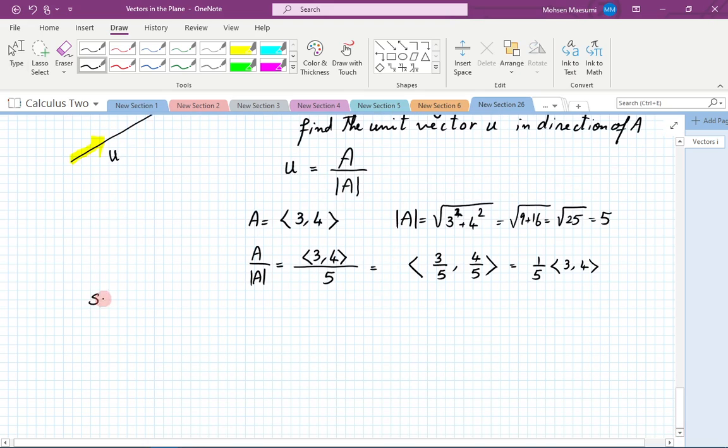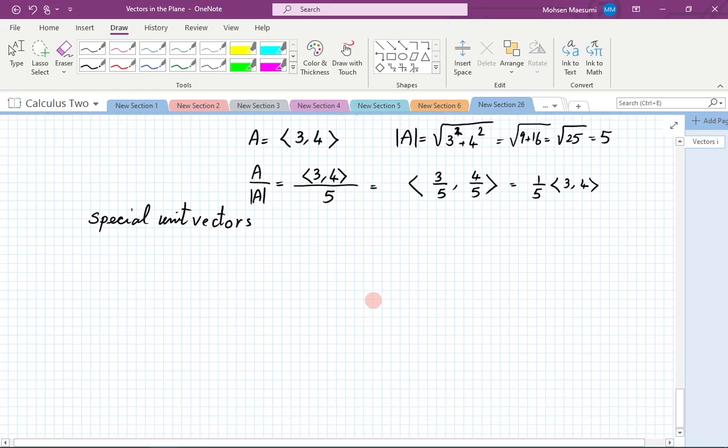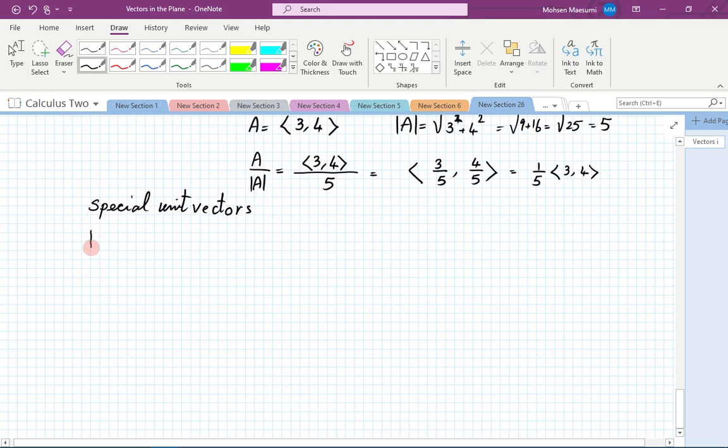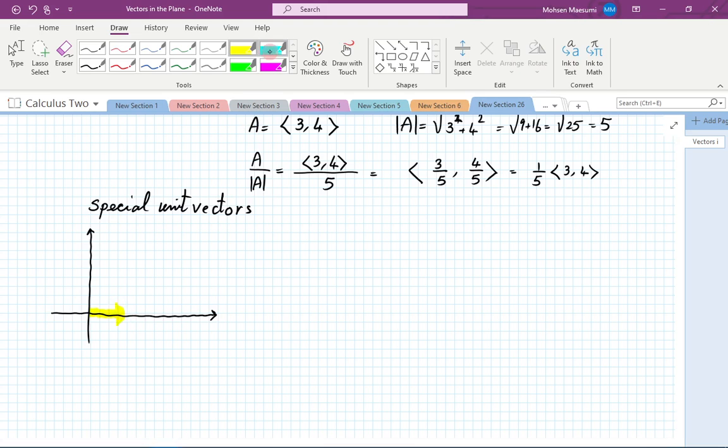Then we have special unit vectors. Special unit vectors line up with our axes. If I have the x-axis and y-axis, I can think about the unit vector in this direction, and the unit vector in that direction. These are going to be special vectors for us. We are going to refer to them as i and j.